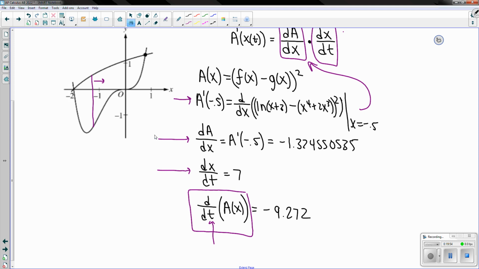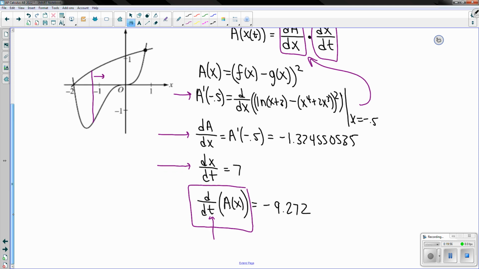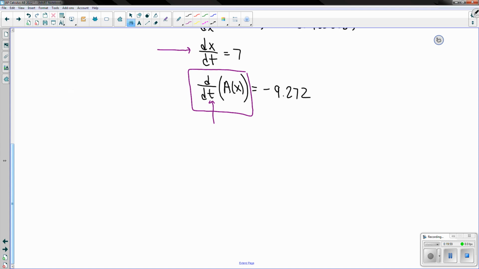We're going to say, scroll down here. So at position x equals negative 0.5, the area, or I'll say the rate of change, is negative 9.272, and I think this is just in units, so square units, and then there's no specific units here, so just general units, and then it was measured in seconds.